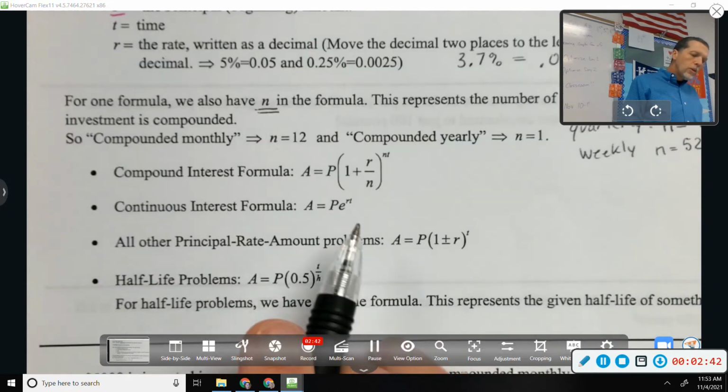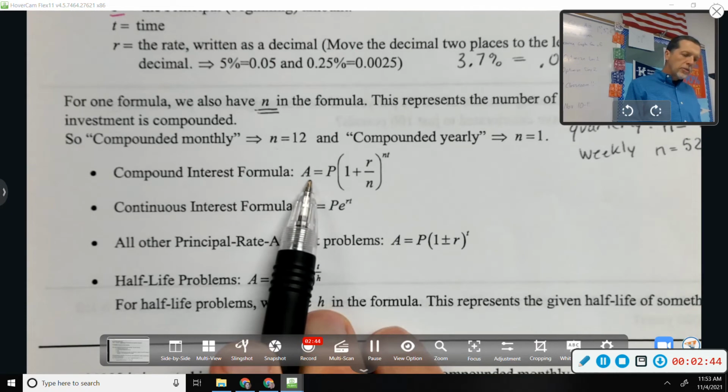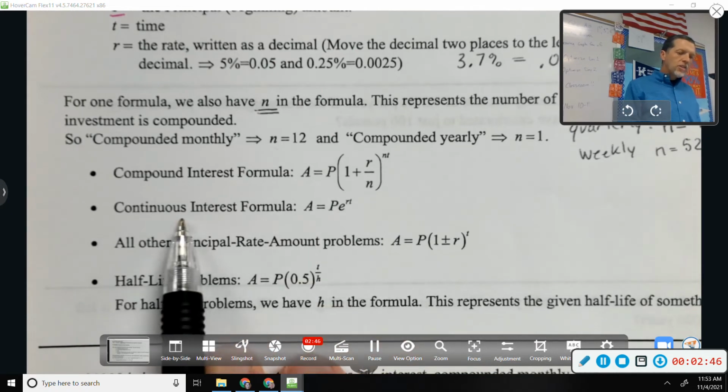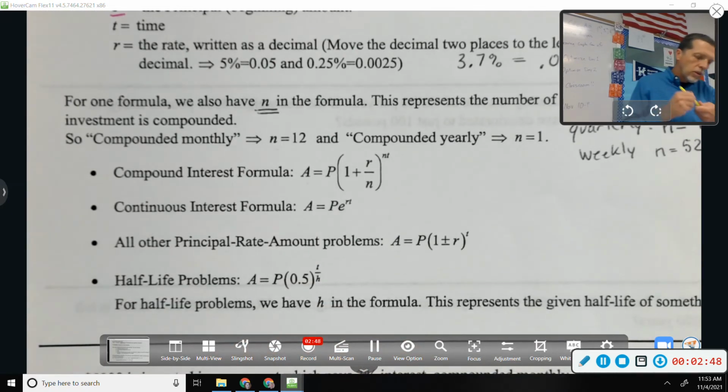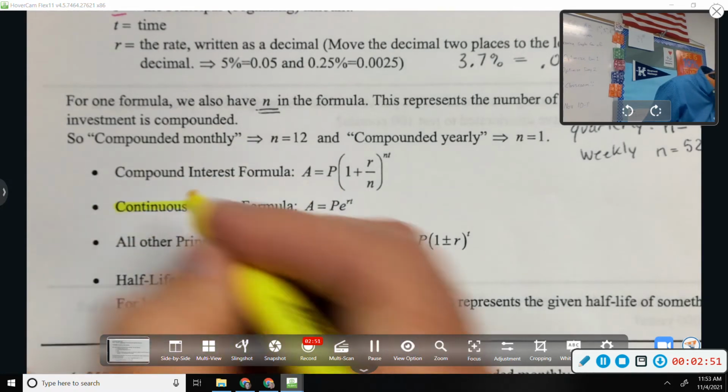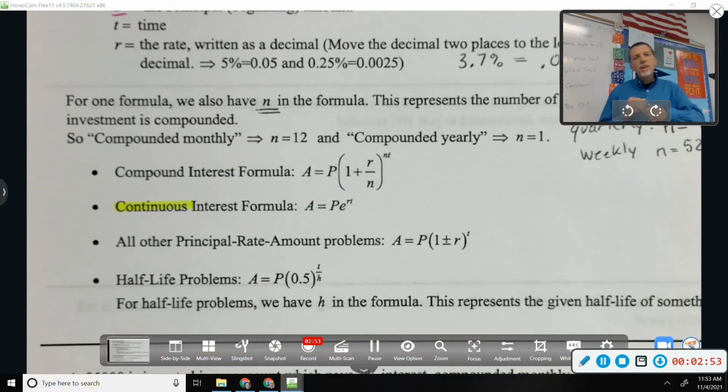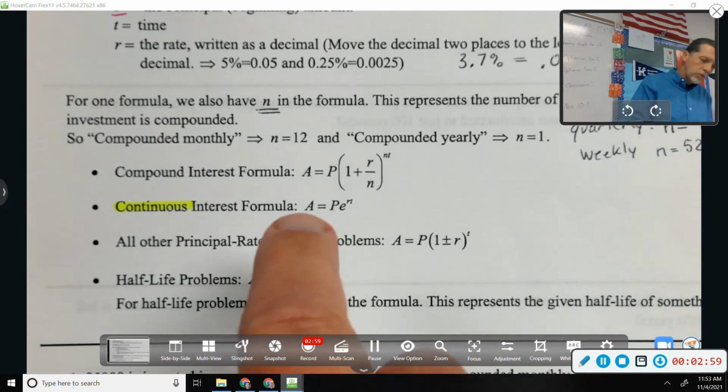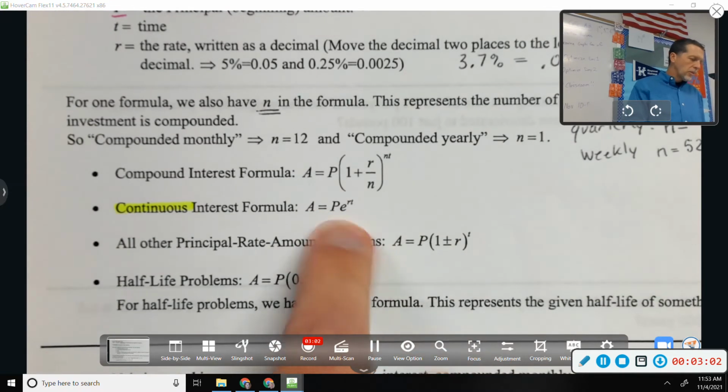So here's the 4 formulas. Compound interest formula versus continuous interest formula. The big deal, or the giveaway to use the continuous formula, is the word continuous. The problem will say continuous in it somewhere if it wants you to use this formula.